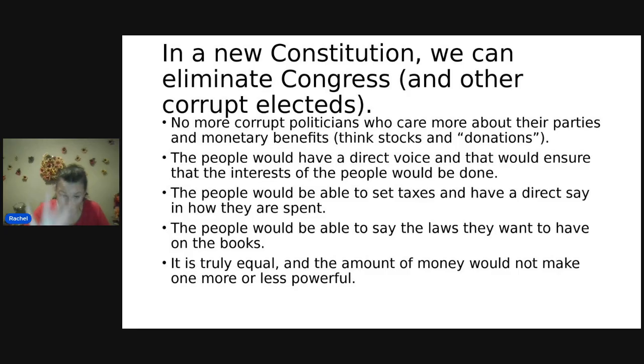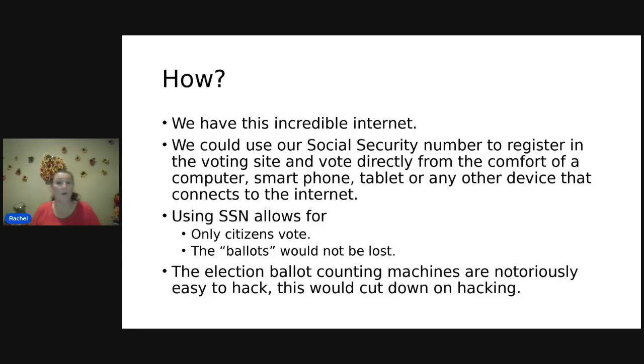But moving on, how do we do this? Well, we have this incredible internet. It's amazing. And again, this is not going to happen overnight. But we could use a social security number to register for voting.